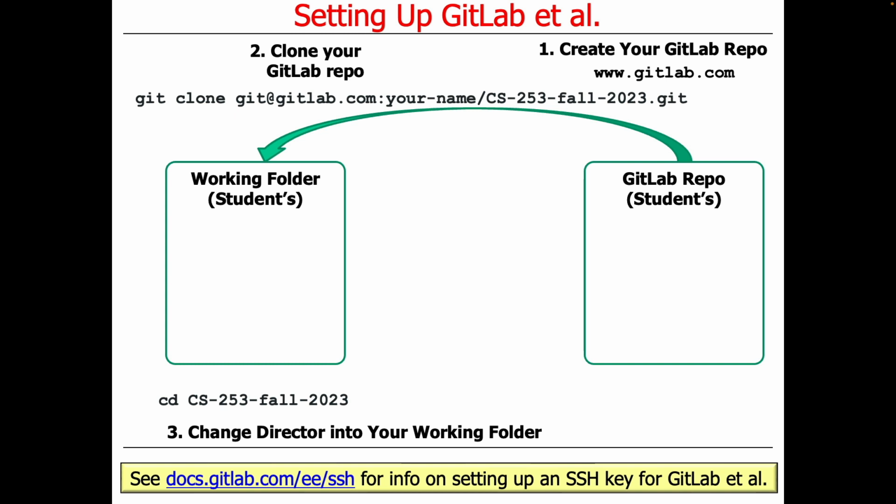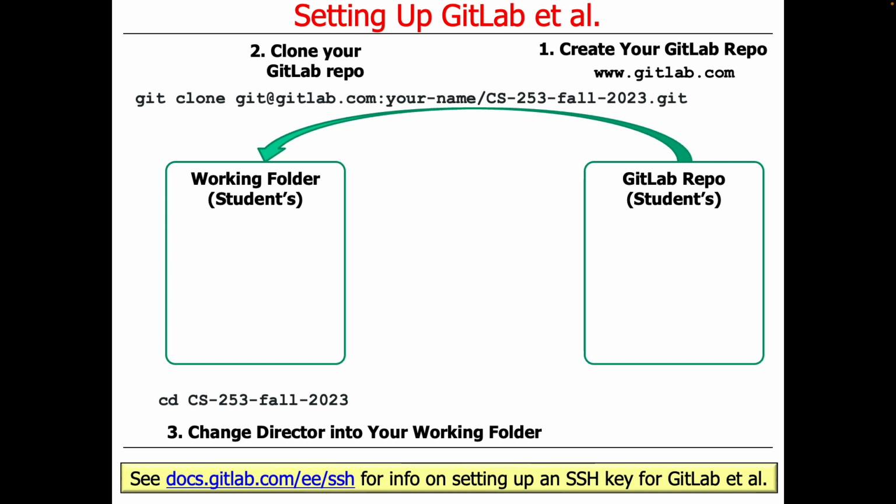You clone your repository with your name, from the address you should have created on the website. You make that repository locally on your computer, then you cd into it, you change directory into it, whatever that means on your computer. Once you're there, you're ready to do the next step.